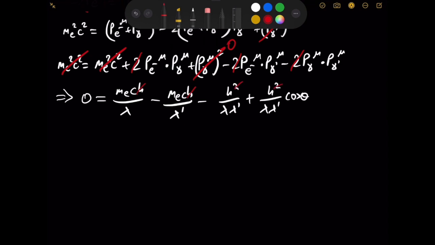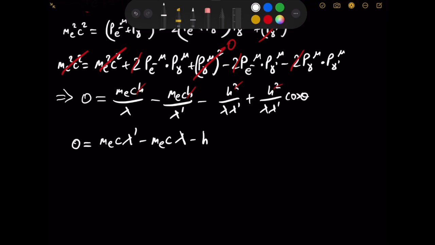Alright, and at this point, if I multiply both sides by lambda prime over lambda, we will basically have 0 equal to m e c lambda prime minus m e c lambda minus h, right?